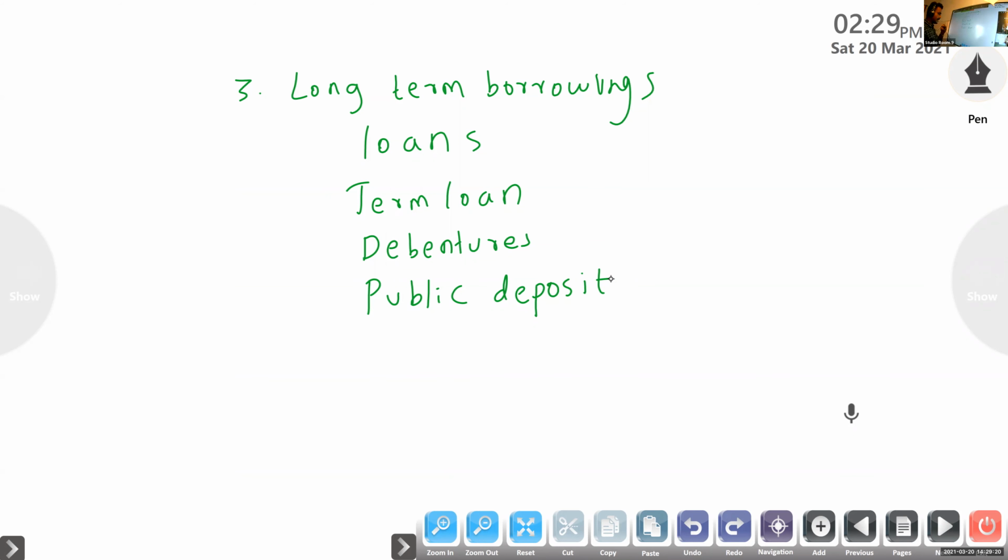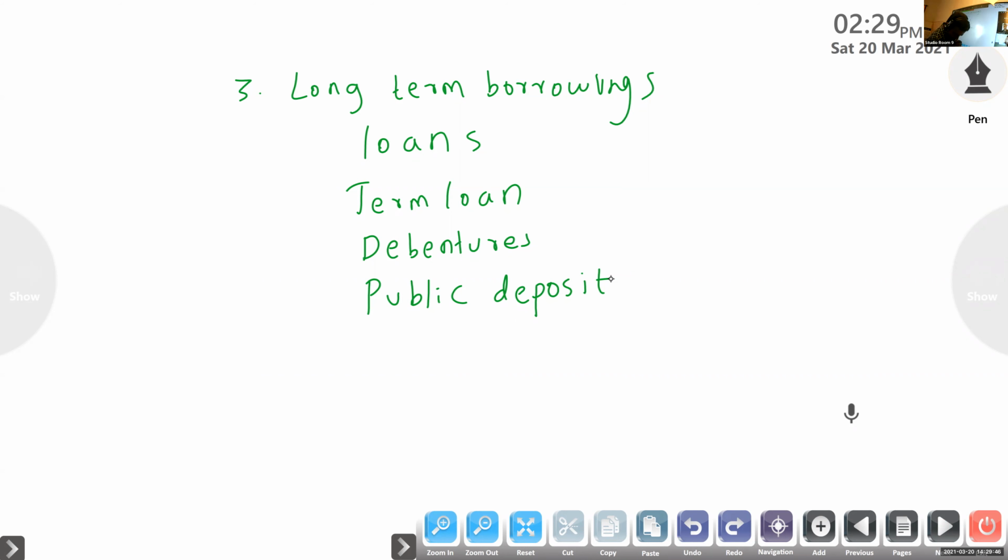Under reserve and surplus, all reserves, then preliminary expenses, discount on issue of shares, which are minus items in reserve and surplus. That you have to remember. Calls in arrear, share forfeited account under share capital. Clear now?